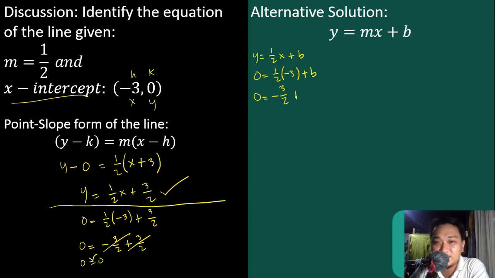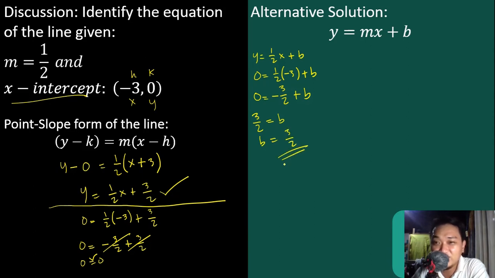-3 halves plus b. Transpose -3 halves to the other side of the equation, to the left side, that becomes positive. So, positive 3 halves is equivalent to b, or b is equivalent to 3 halves.